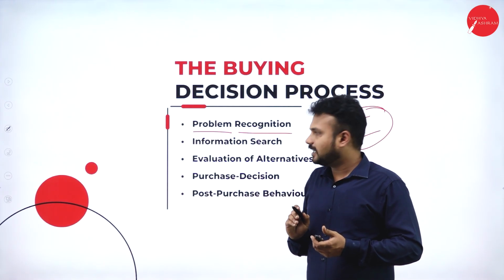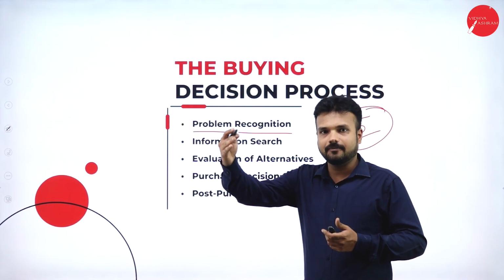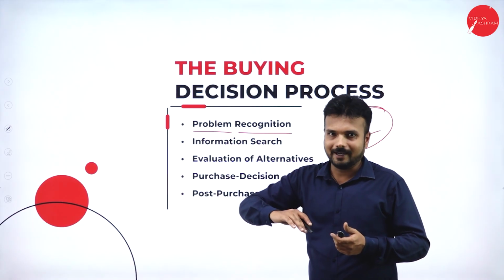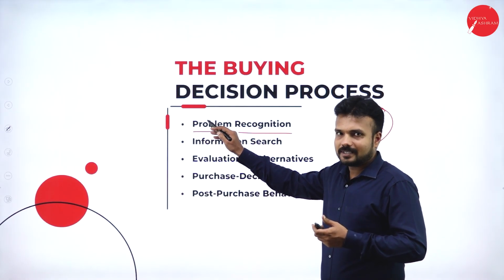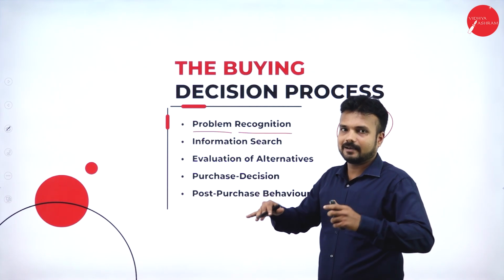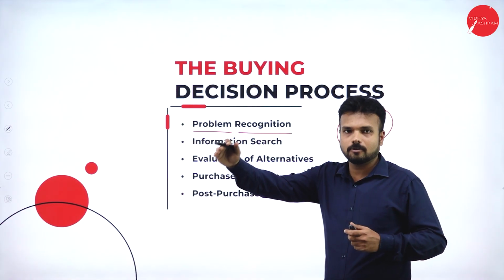Here there is a need for a bike. If I have a bike, I can travel easily from college to home, home to college. So here I have recognized the problem, that is the need, that is a bike. If I have a bike, I can easily travel from college to home, home to college.